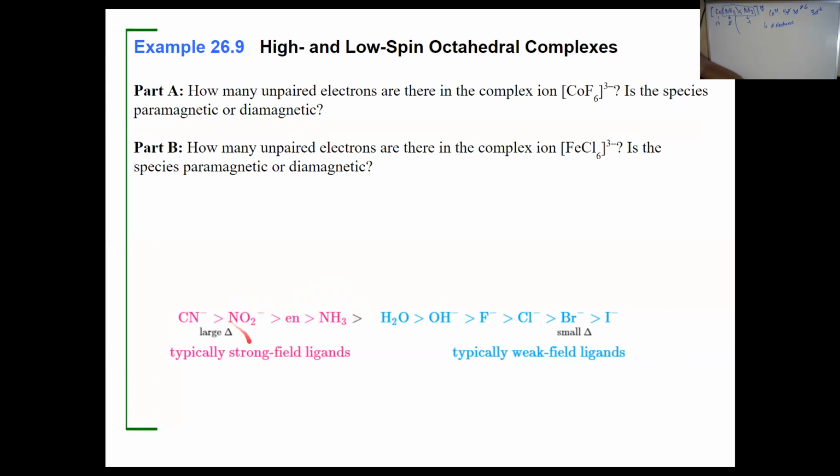NO2 minus is a strong field ligand. Both of these have a large delta value. Okay, so we're going to end up with a very big difference between energy levels of the bottom level and top level. When we have a large delta value, this is going to favor your low spin complexes.